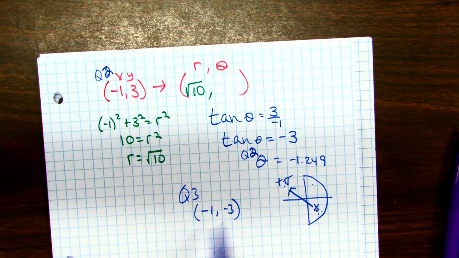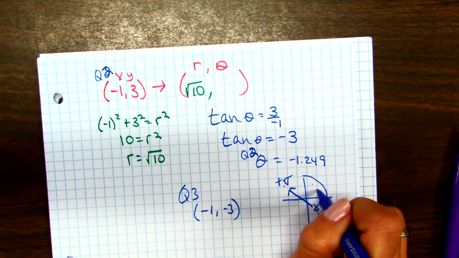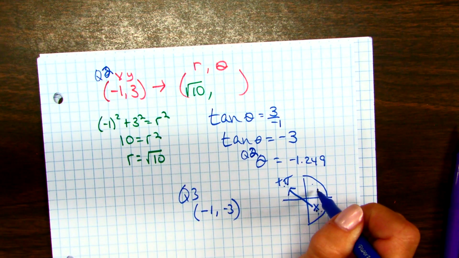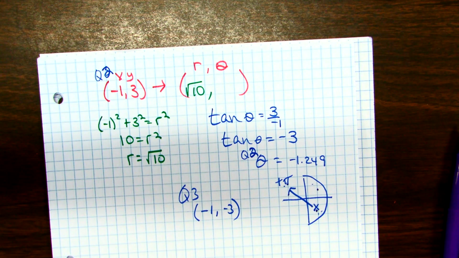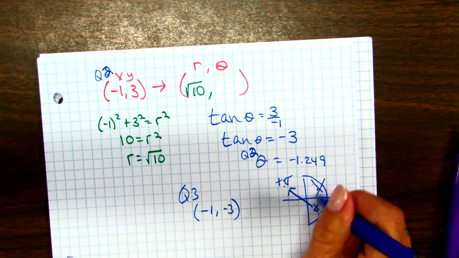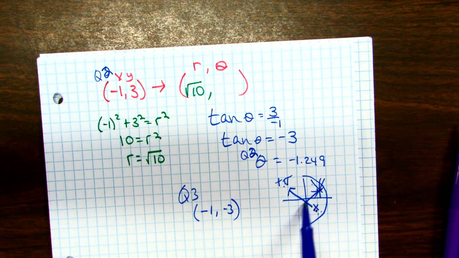When we put this in our calculator, we would have been in quadrant 1 because it would have been positive: -3 over -1. So my answer in my calculator would have been positive. So I would have said, okay, calculator gave me this, I need to be here, add pi to get to that quadrant. Okay, so that's an easy thing to forget. I'm glad you brought that up, Quentin.